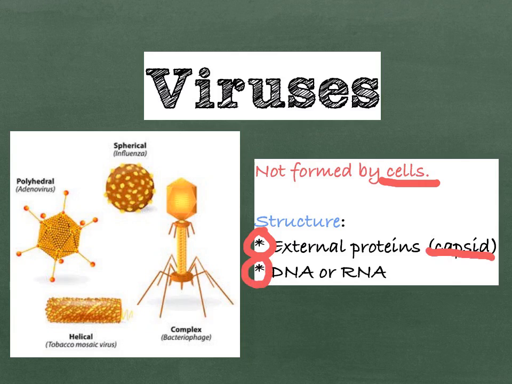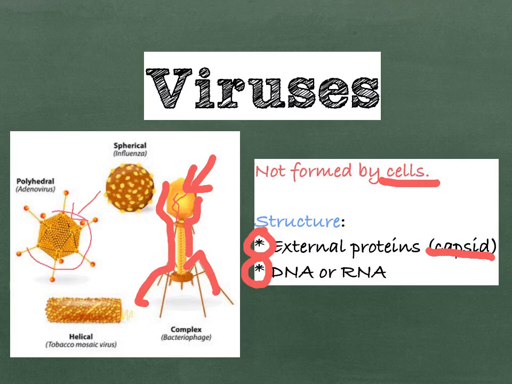For example, in this virus, we have an external case made by proteins. All this structure will be protein, and inside we will have the DNA. Remember, just as we saw it. The same is going to happen with this example: an external case of proteins, and inside DNA.